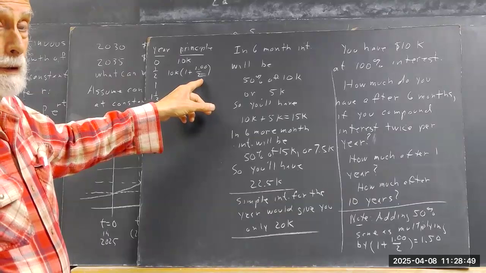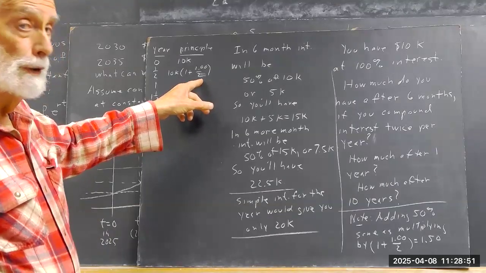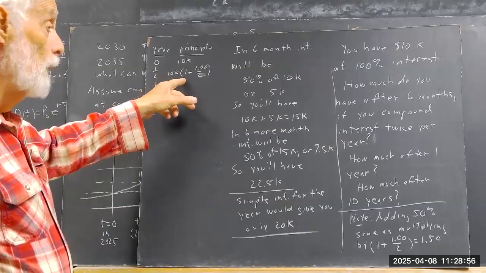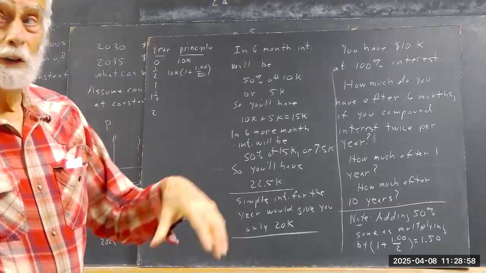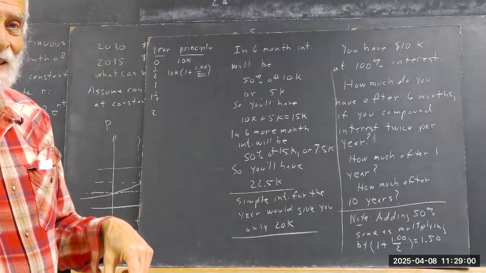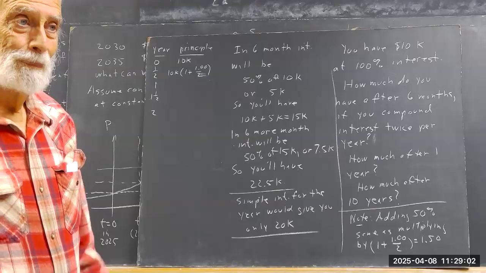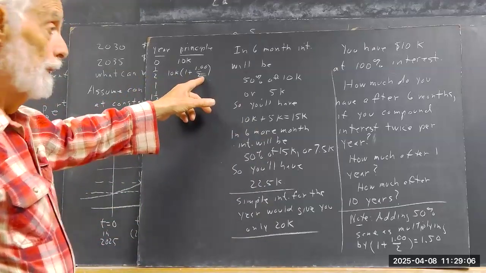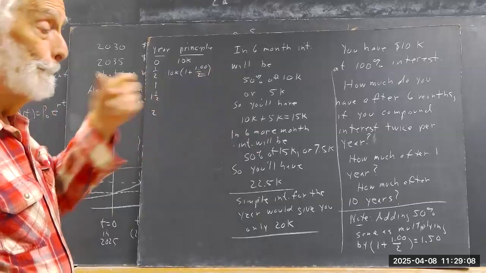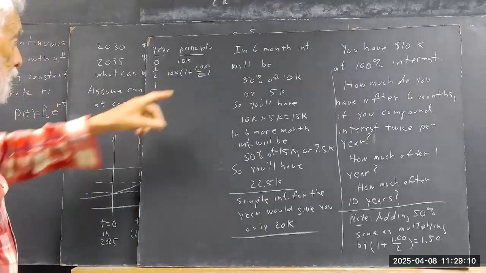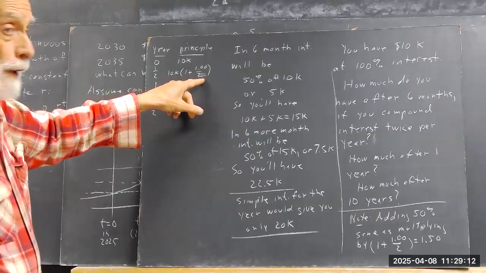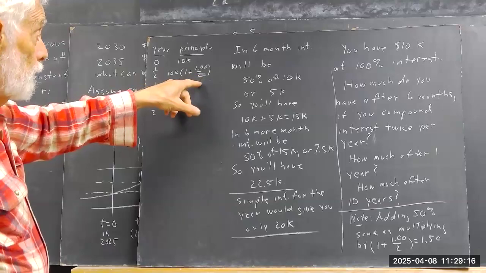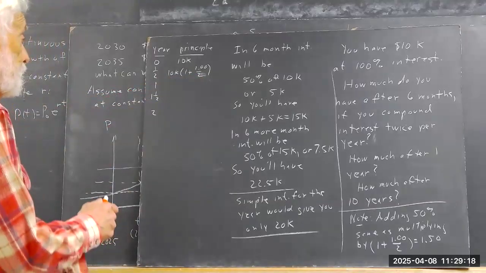That's $5,000, 5K. Okay. Multiplying 10K by 1, well, that means you get to keep your 10K, which is the way interest works. So you have your 10,000 from this, and you have another 5,000 from this. So this is how you add 50%. You multiply by 1 plus 1.00 divided by 2.